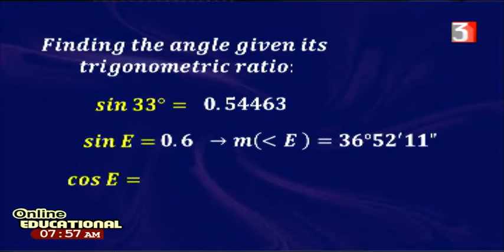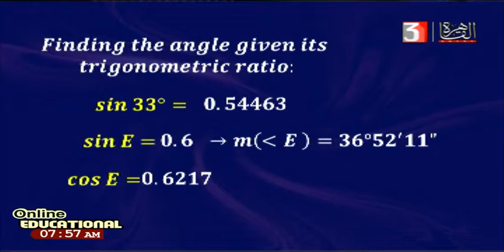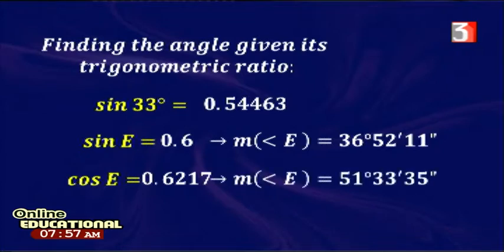If it is cosine E equals 0.6217, what are you going to press? That's correct. You are going to press shift cosine 0.6217 equals. You are going to obtain an angle of measure 51 degrees, 33 minutes, 35 seconds.